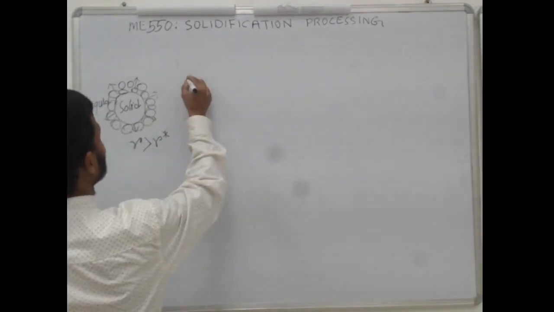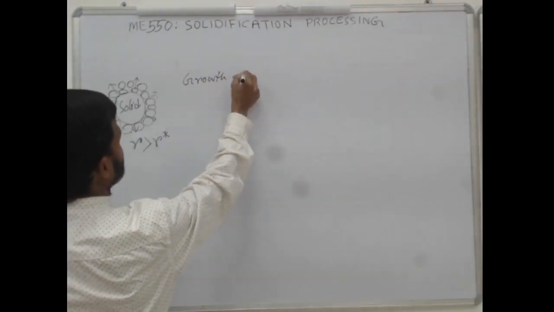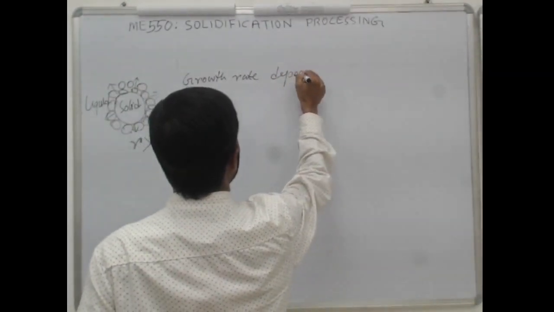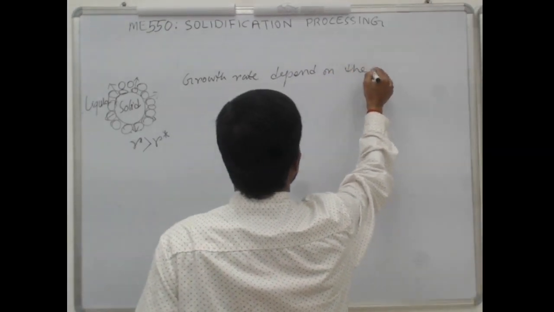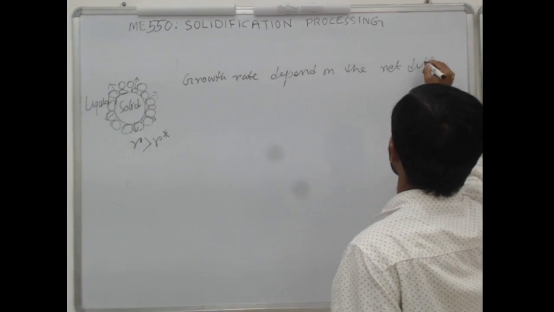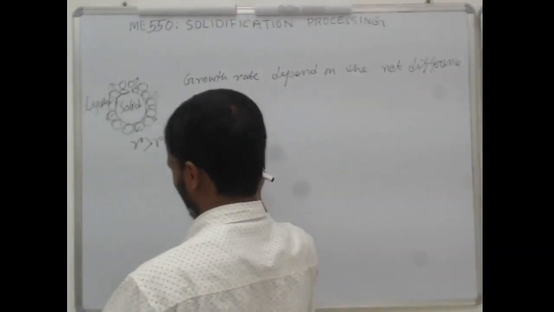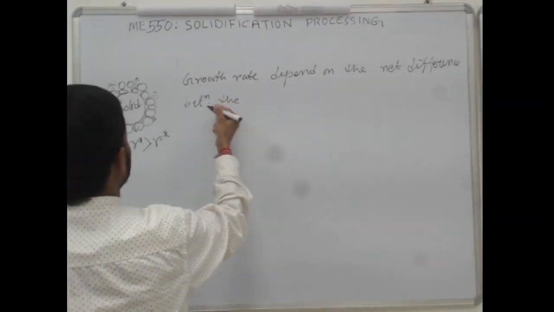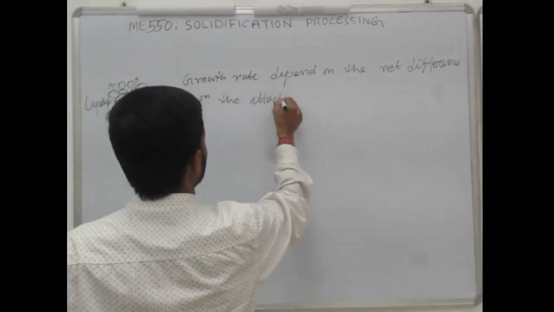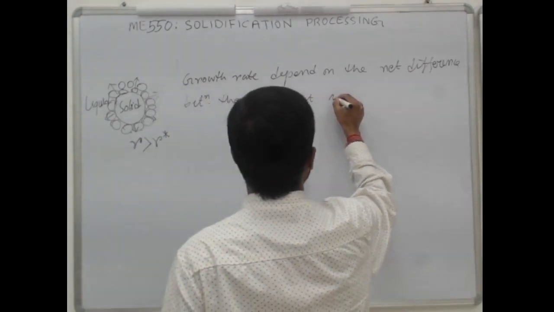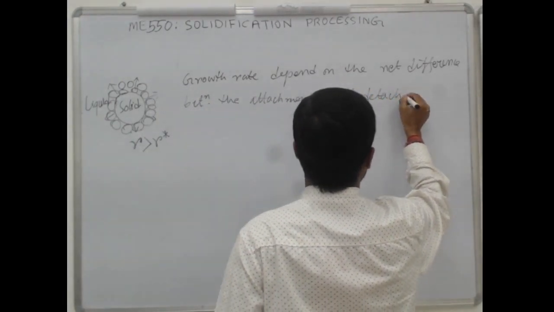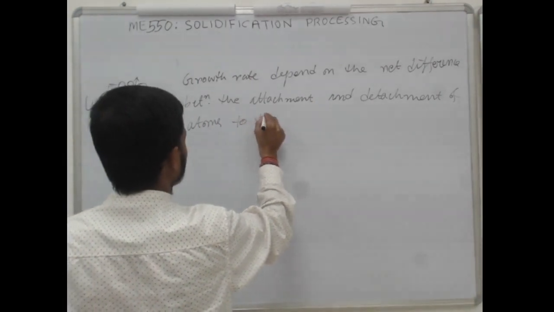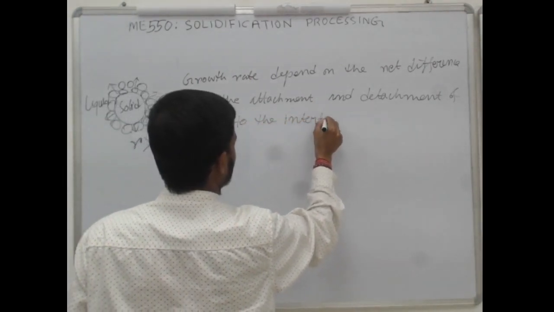Now some atoms will go and attach to the solid nucleus, and some of them will again come back. So the growth rate will depend on the net difference between the attachment and detachment of atoms to the interface.